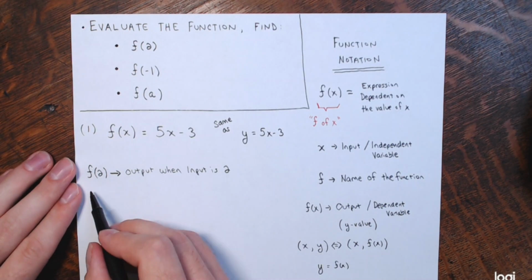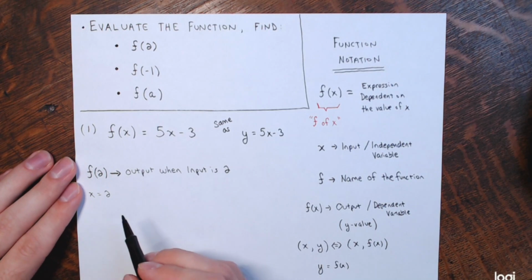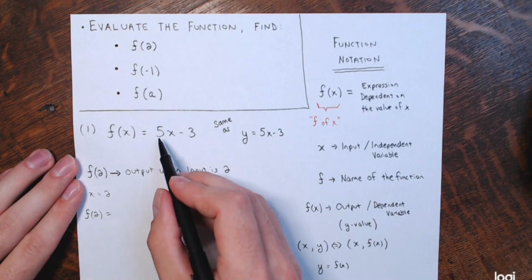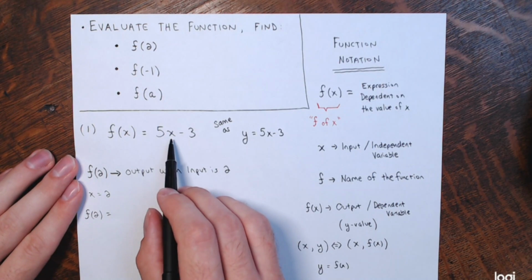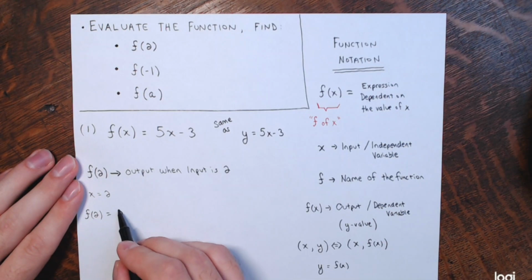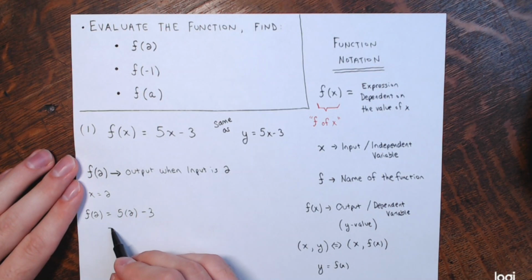So x is being replaced by 2, and then we say f of 2 is, again, just go through the rule, go through the expression for f of x, and replace all the x's with 2. It would be 5 times 2 minus 3, which is 10 minus 3, which is 7.